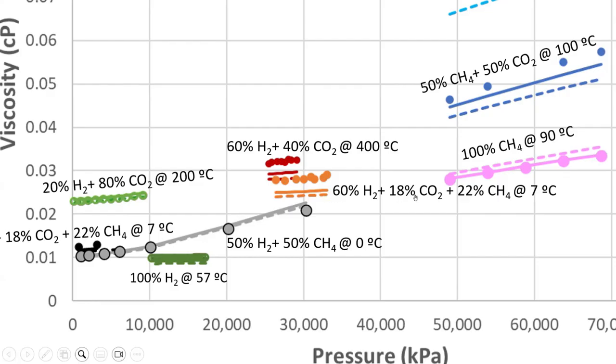It's very rare and hard to find representative data when you are dealing with more components in your mixture. For pure components, you have the NIST database, so you can take CO2, nitrogen, and methane at several different temperatures and pressures.